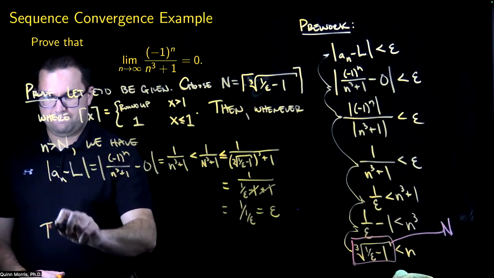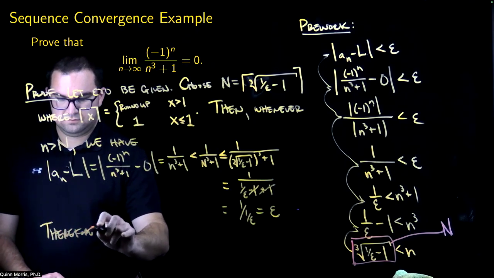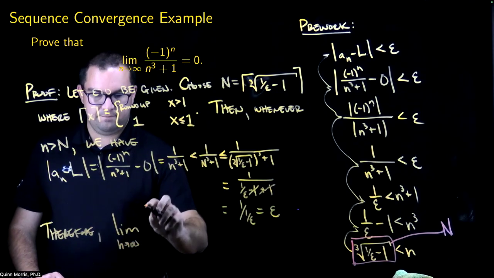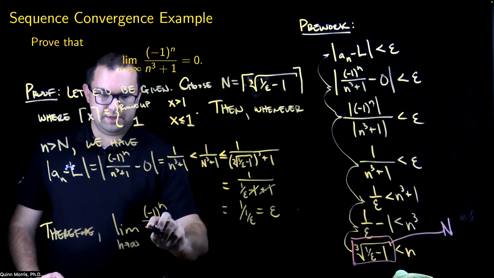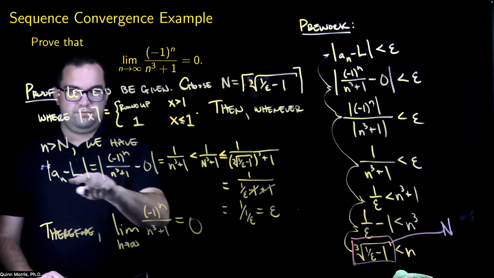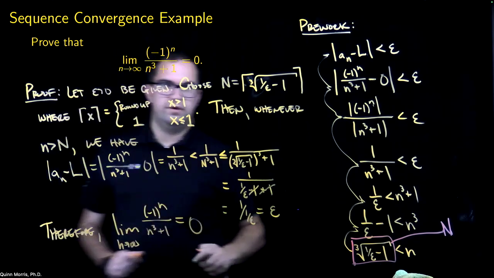Therefore, the limit as n goes to infinity of (-1)^n over n cubed plus 1 is equal to 0. The limit as n goes to infinity of a sub n is equal to L.